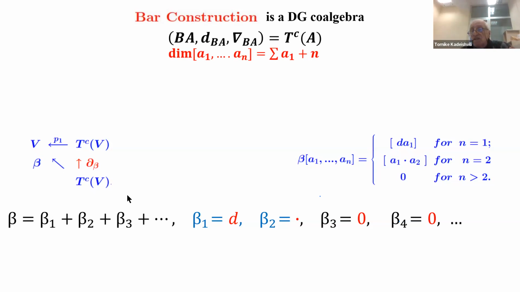Such an infinite collection of components makes up beta, and it can be enlarged to a differential d beta. But look at it: in the real classical bar construction, only beta 1 and beta 2 work. Beta 1 and beta 2, all others are 0.